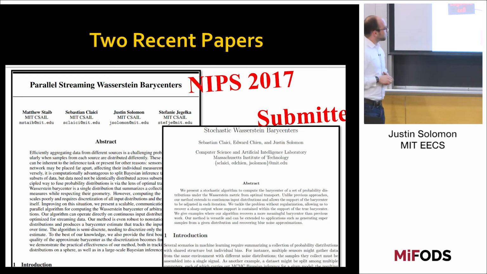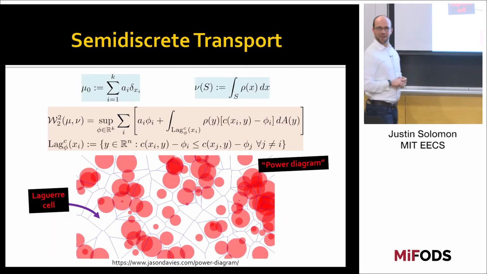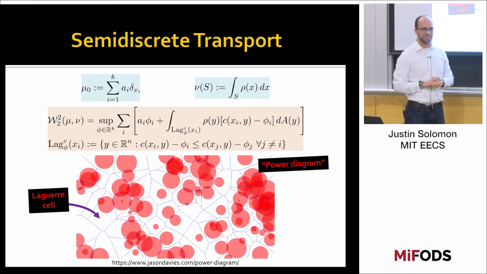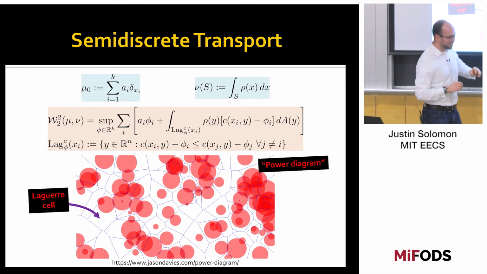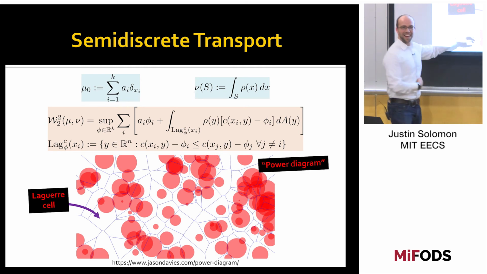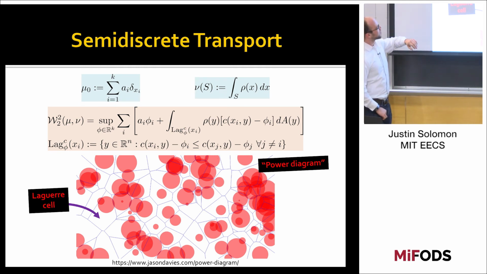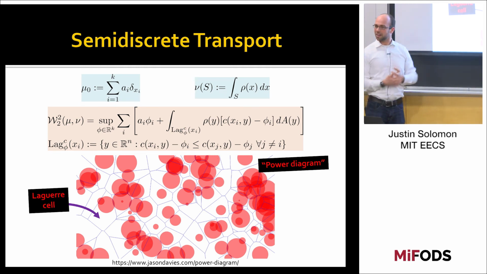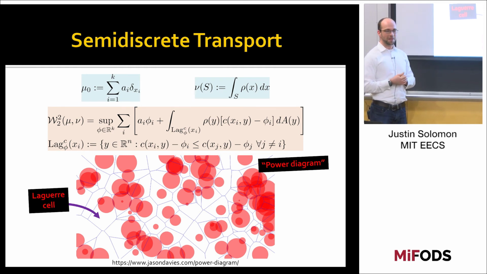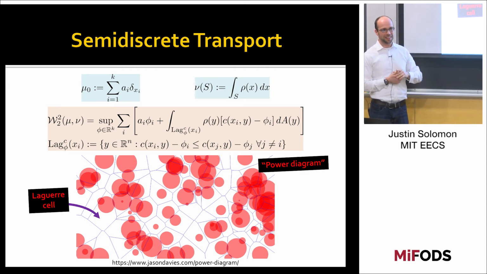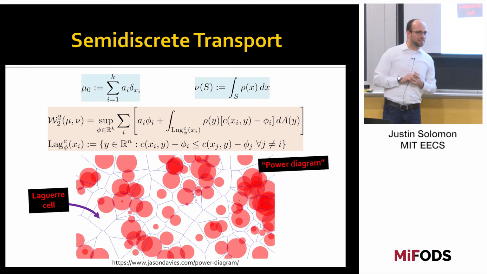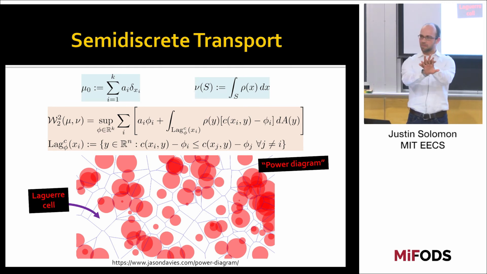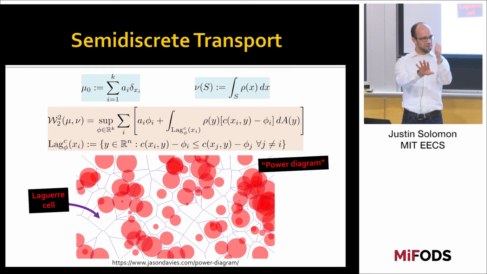In this case, we use yet another completely different version of optimal transport that makes more sense for empirical distributions. I'm sorry, I'm realizing now that this is talking all over the place. Anyway, the idea is that I have one distribution which is a collection of points, and I'd like to map it to something like a continuum. The reason this is my basic setup is that I'm going to try and approximate this barycenter with an empirical measure, with a bunch of points.